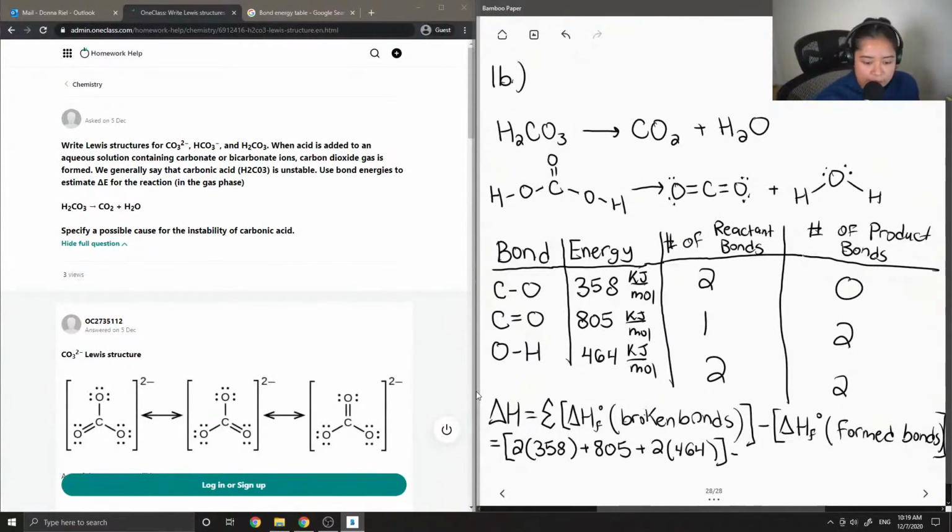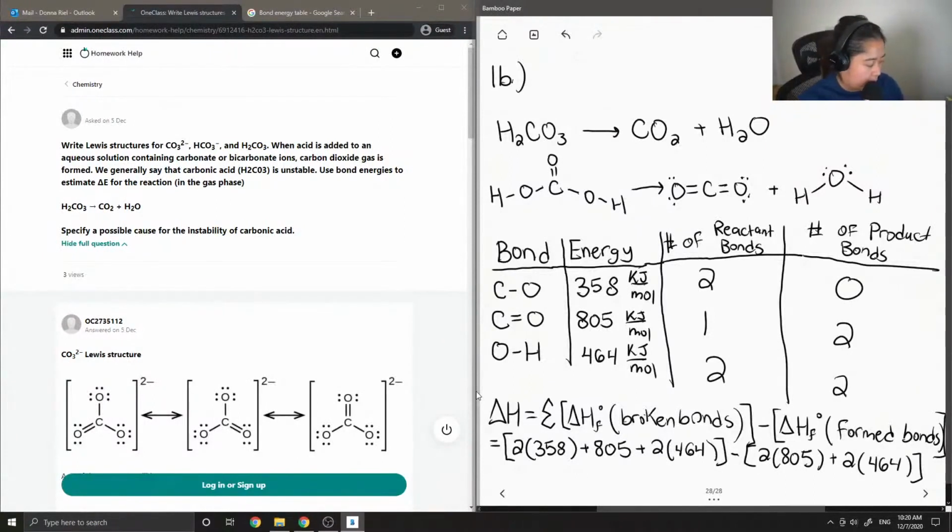And now I'm going to minus the sum of all of the bonds that were formed. So it is just the 2 carbon double bonded with oxygen bonds. So 2 times 805 plus the 2 OH bonds that were formed. 2 times 464.